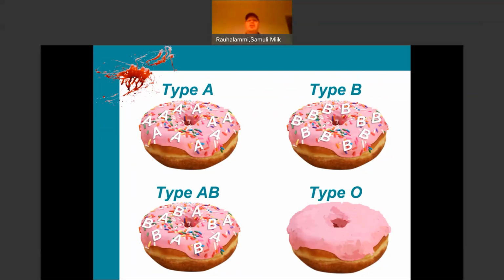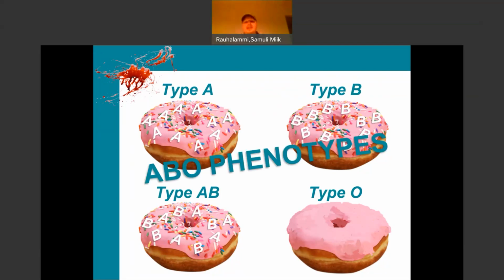So there are only antigens A, B, or A and B, or then nothing on the surface of the red blood cells. What we'll see, which is kind of interesting, is that this is the very basis of the ABO phenotypes, the appearance of the red blood cells.